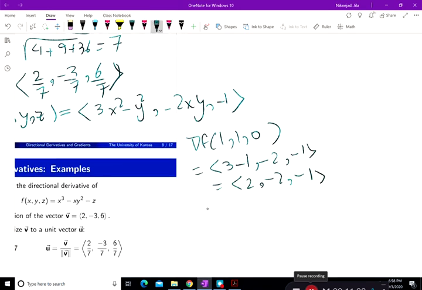Now, dot product (2/7, -3/7, 6/7) with that.